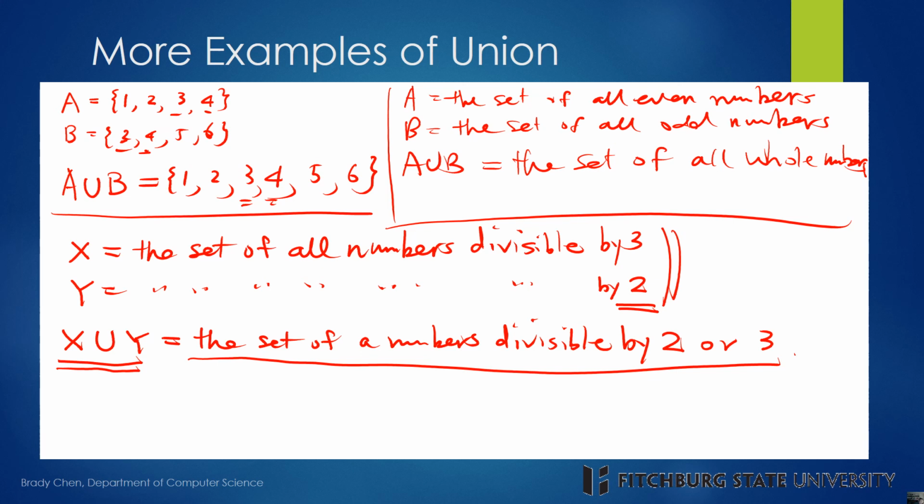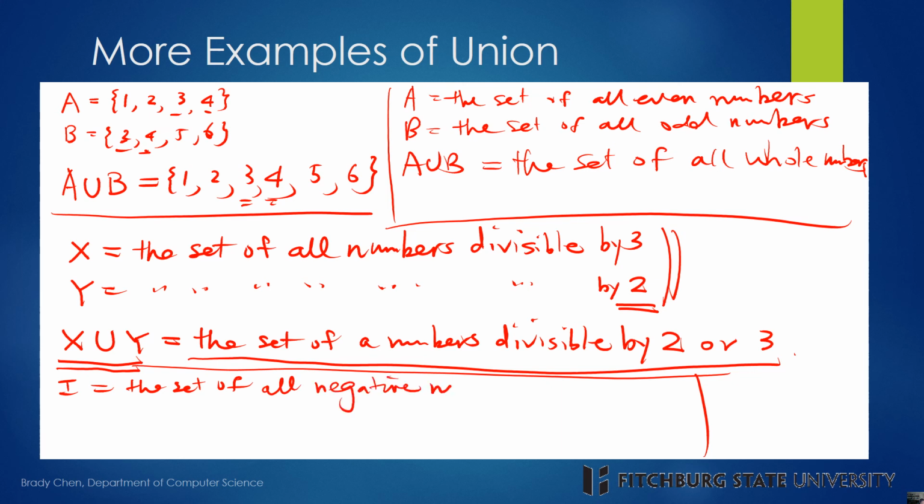Let's see, any other example? Okay, let's take a look at the last one. We can use I is the set of all negative numbers, and J is the set of all positive numbers.